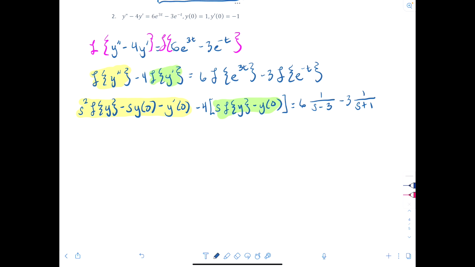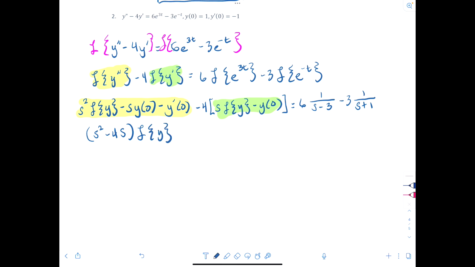All right, so let's do this thing. We have 2 of the terms that have L at y in them, right? So s squared minus 4 times s takes into account both of those L at y's.